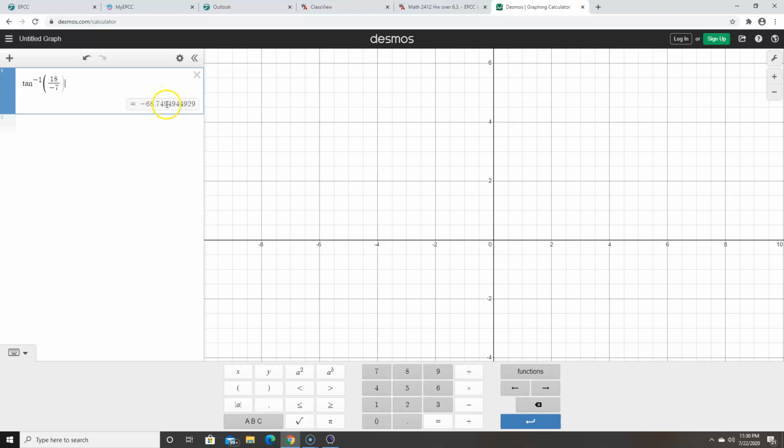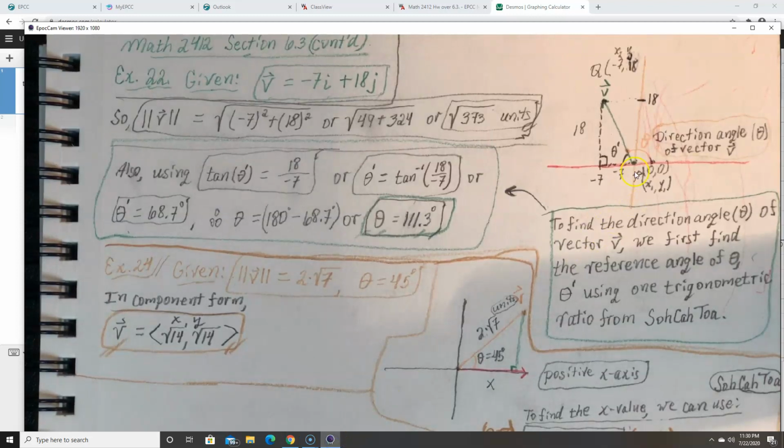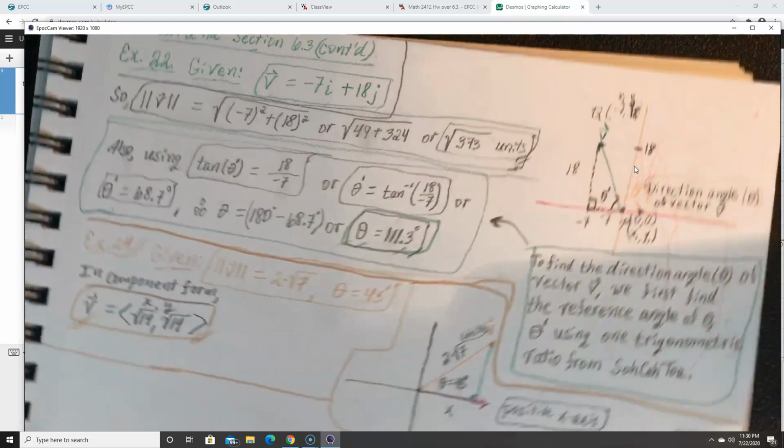Negative 68.7 degrees from standard position. We're right here from standard position, and we get negative 68.7 degrees. But remember, what that is, everyone, is because of the restriction on tangent inverse, or arctangent, which we talked about in chapter 4.